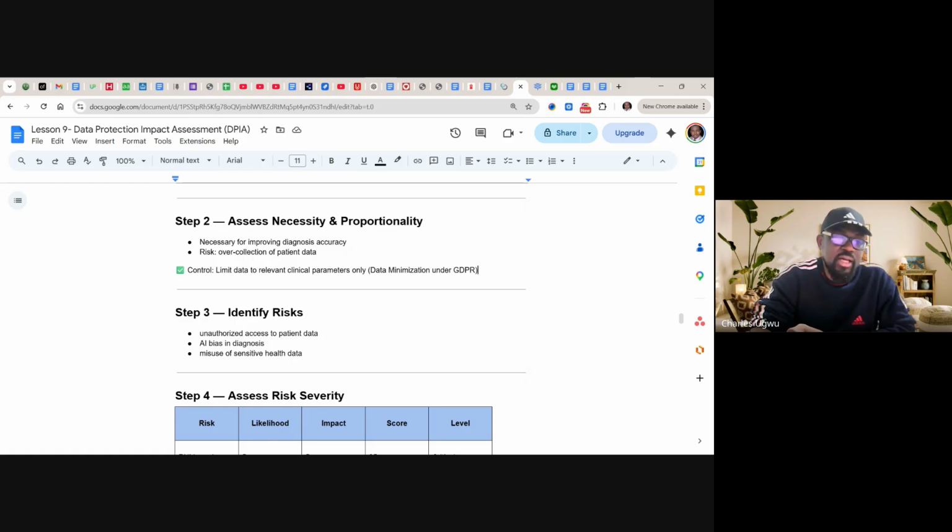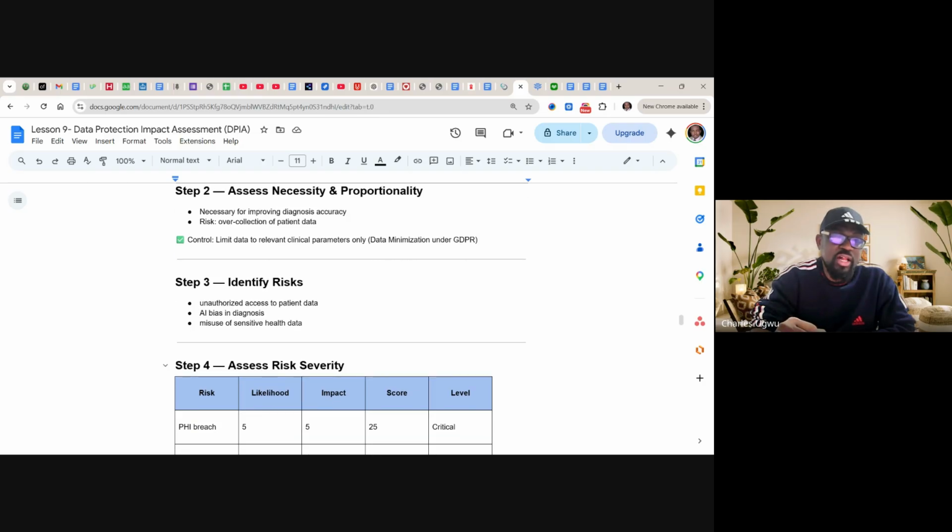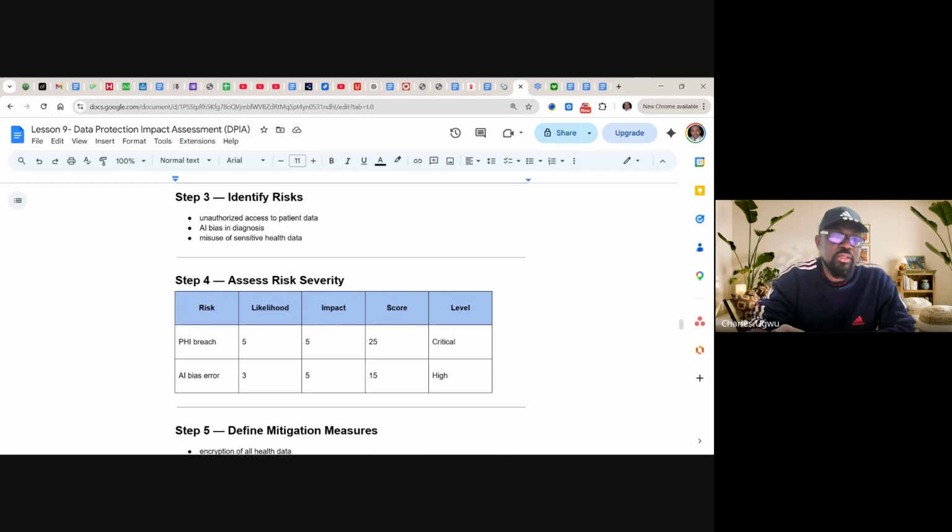AI bias in diagnosis. So we already know that AI can be biased. So we must make sure that we control or understand the training data. The data we use to train the AI must be of high quality. And misuse of sensitive health data, people can misuse it. So we make sure that only relevant people have access, to avoid misuse.